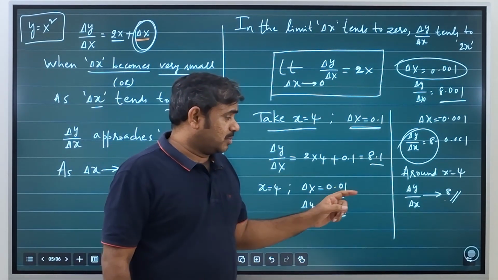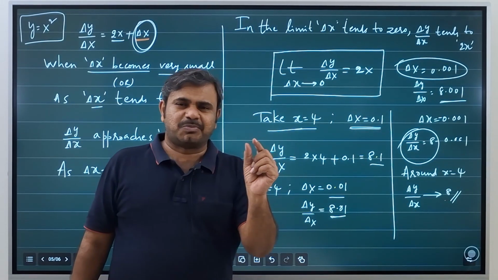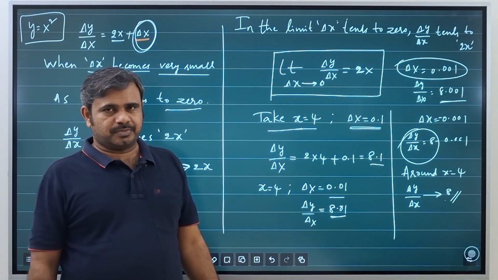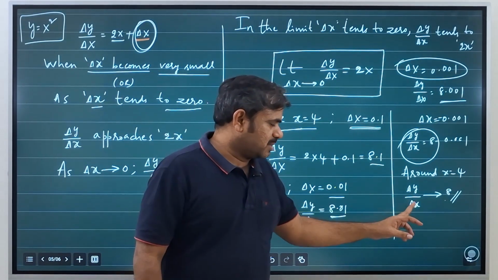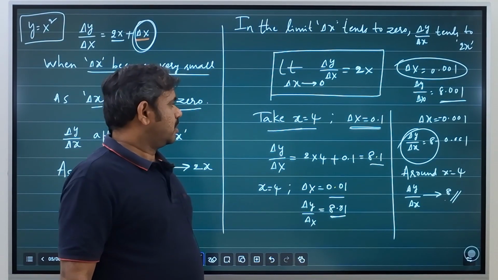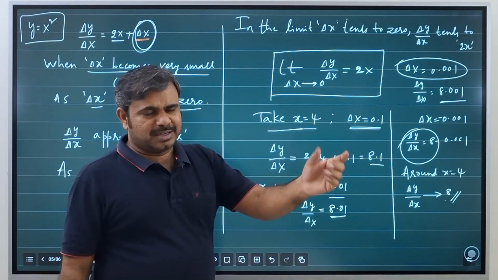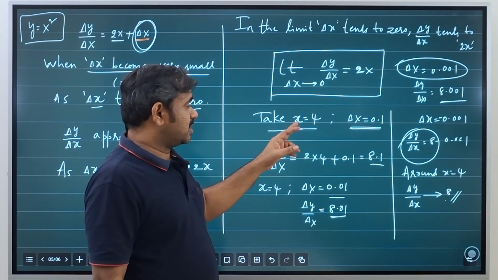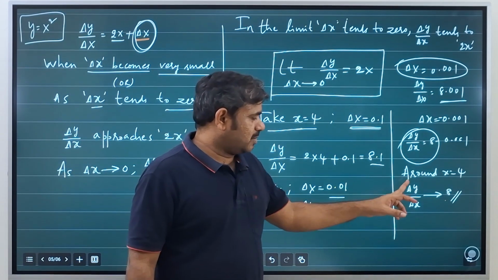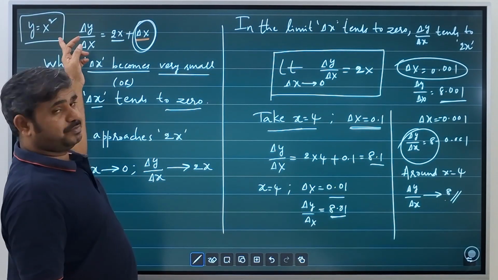Or in other words, this is the rate of change in y with respect to x in a small interval constructed around x is equal to 4. The rate of change in y with respect to x approaches the number 8 as the interval becomes smaller and smaller. In other words, we can say at x is equal to 4, the rate of change in y with respect to x is equal to 8 in this function.